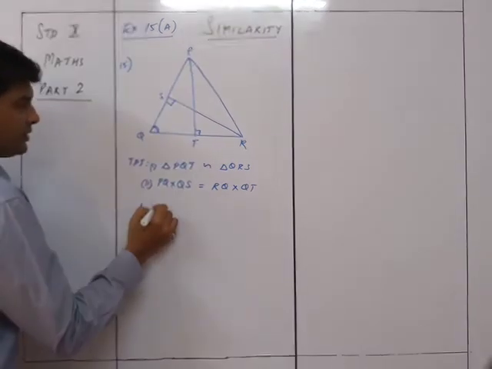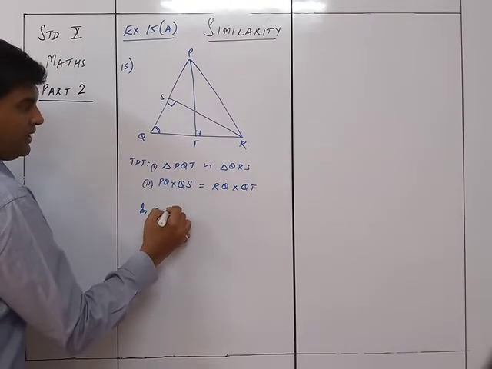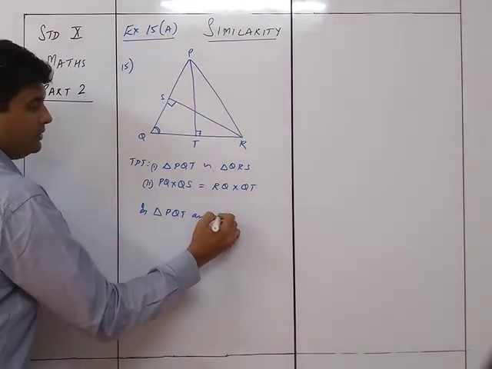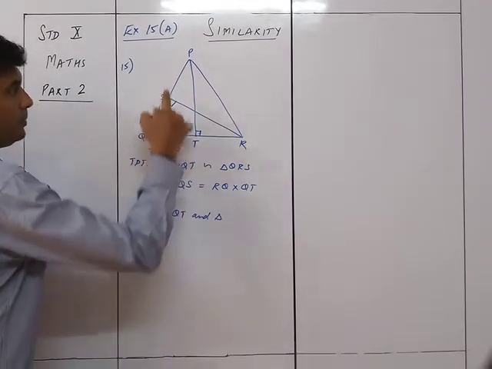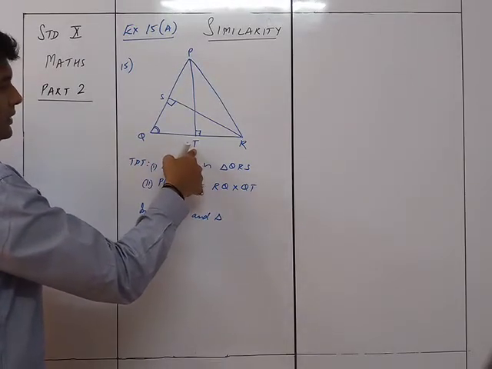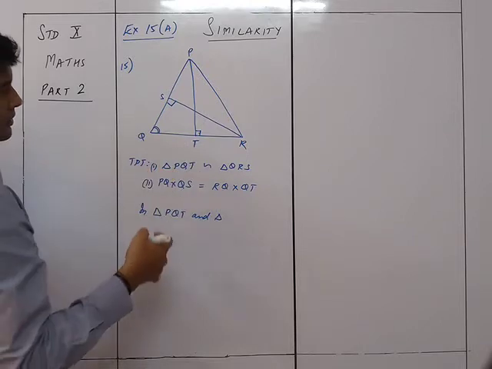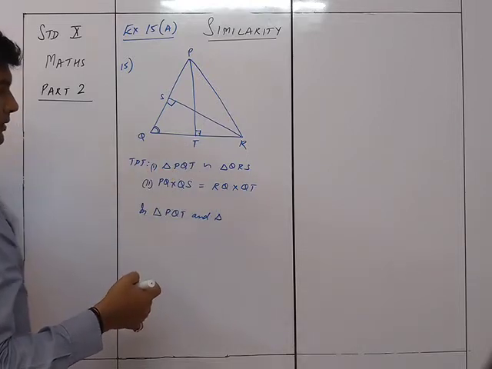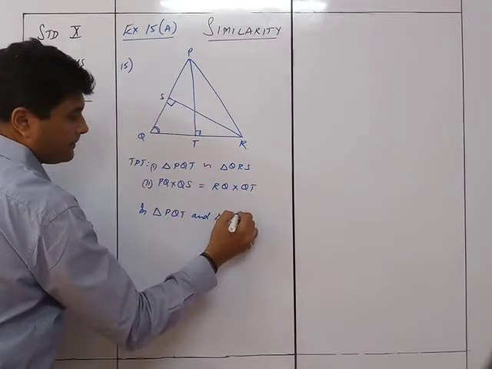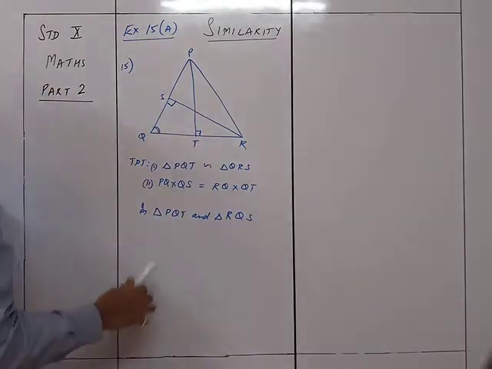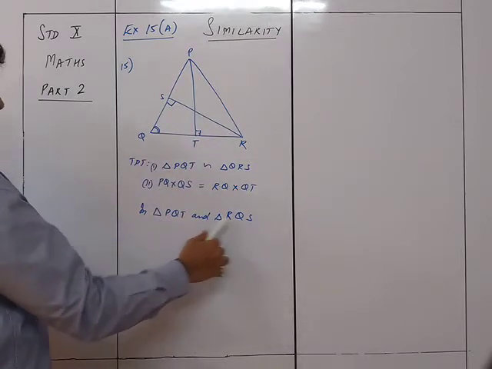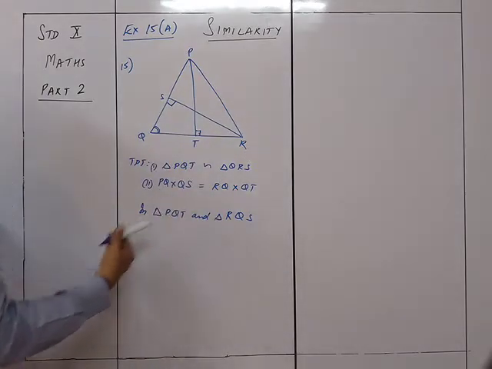So in triangle PQT and triangle RQS, because Q is common in both of them, and S and T are 90-90. So this is the correspondence.